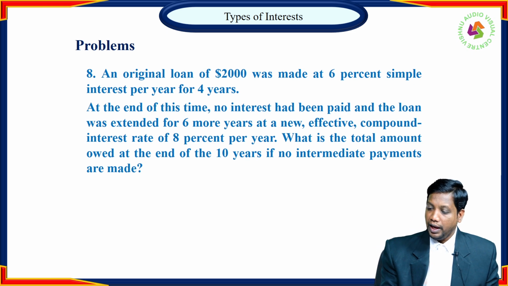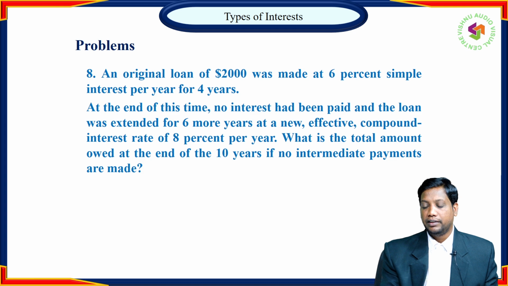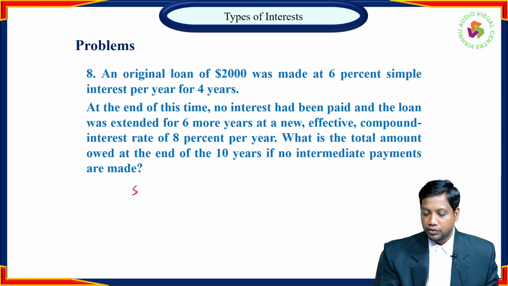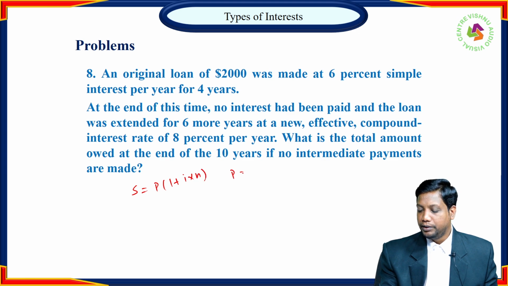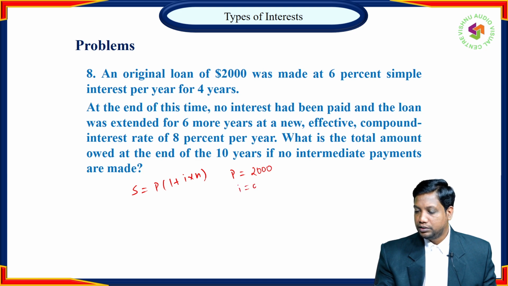So initially we'll calculate for 4 years. S equals simple interest here, P into (1 plus i into n). Principal amount is given as $2,000. i is given as 6%. n is given as 4 years.